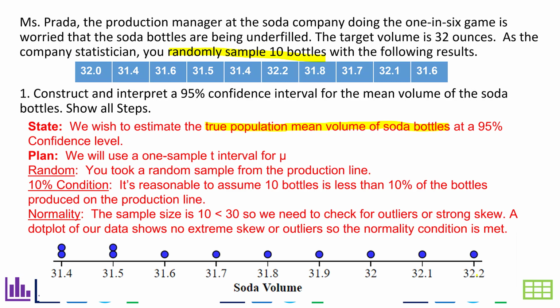This is just a quick graph of the dots, and all we're looking for is outliers or strong skew. There is no extreme skew or outliers, so we're going to say our normality condition is met. We're not going to say our distribution is normal, but we can approximate. It's probably approximately normal because nothing really scary here.